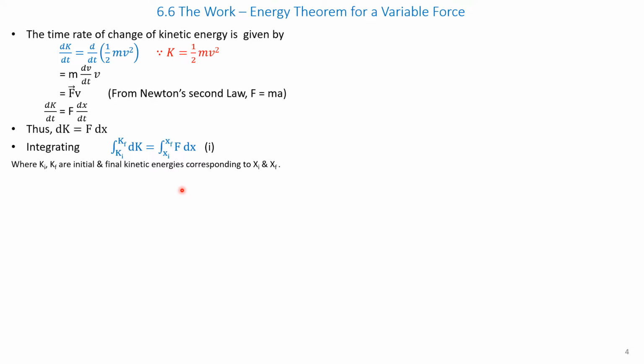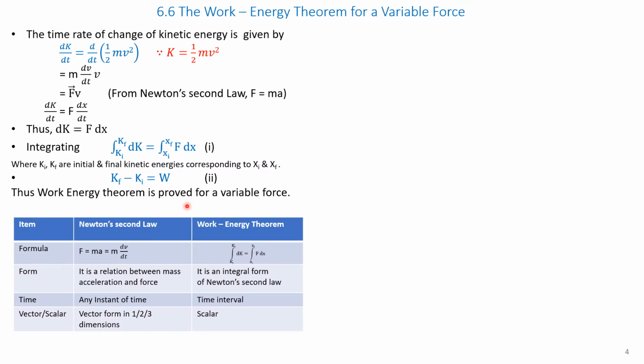So integrating, the left hand side is the upper limit Kf minus the lower limit Ki, and the right hand side, the integral of F dx, is the work done. Therefore, Kf minus Ki is equal to W, which is the work energy theorem for a variable force. Thus, we have proved the work energy theorem for a variable force.